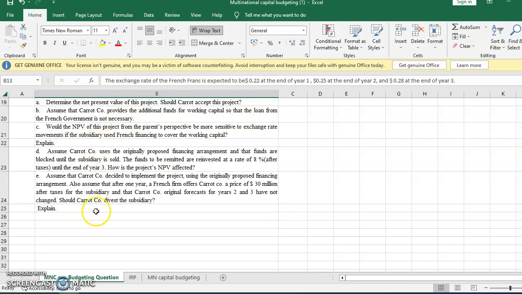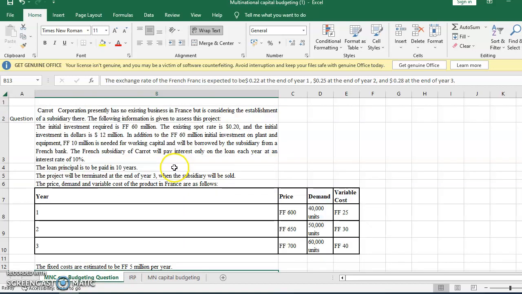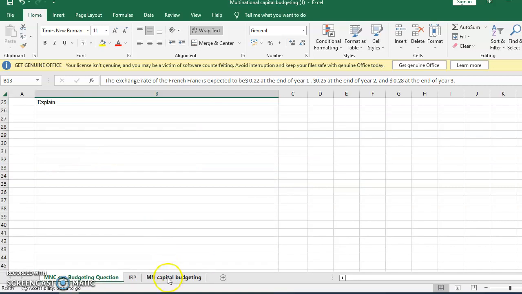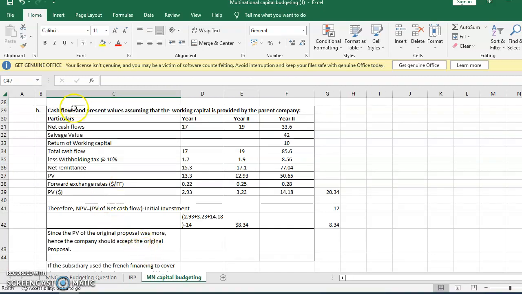So what would be the present value of the cash inflows if the additional funding is done by the parent company itself and you wouldn't avail the loan from the French government, which was given to us in the question, that is close to around 10 million. Now this is the second part of the answer.